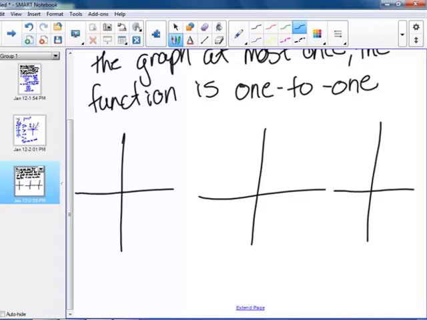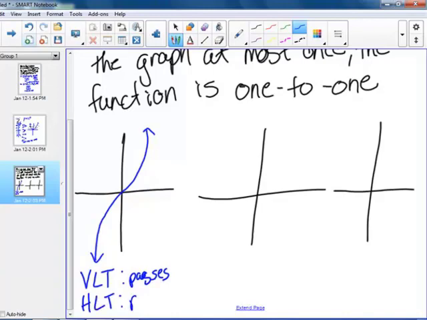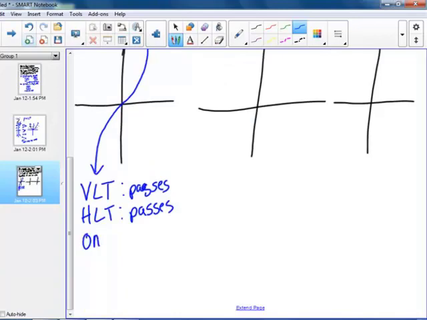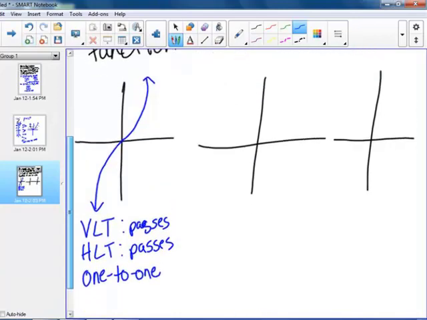Let's do, you guys remember what this one is? That's x cubed, right? So let's do the vertical line test. It passes, so it is a function. Horizontal line test, it passes, so it is a one-to-one function.